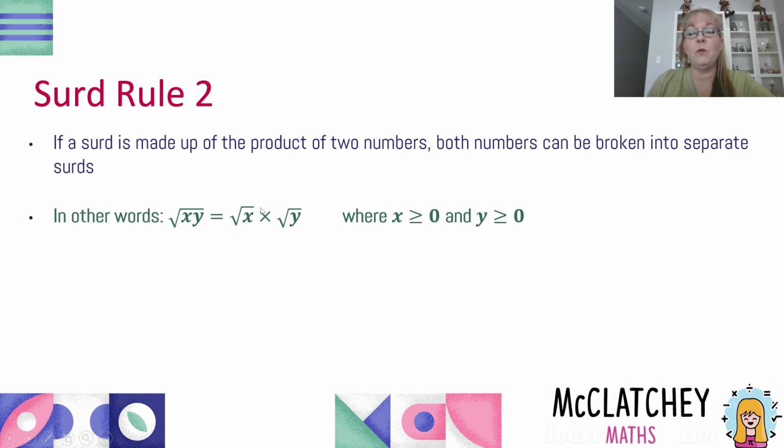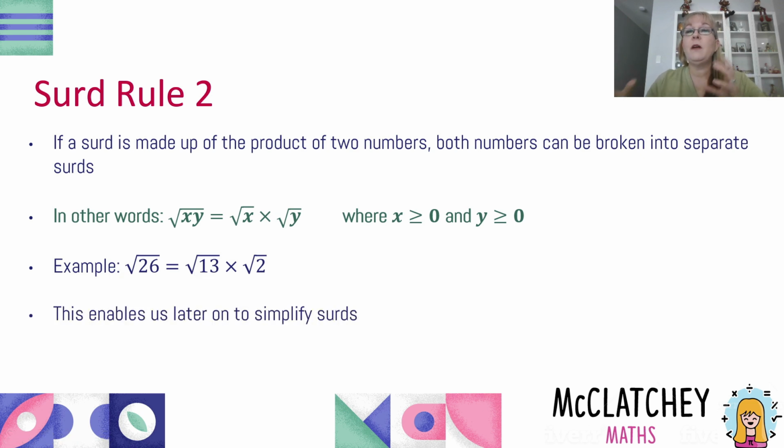And once again, this only works where x and y are greater than or equal to 0, because we don't do surds with negative numbers. So for example, if I've got the square root of 26, I could rewrite that because I know 26 is also made up of 13 times 2. So I could rewrite that as the square root of 13 times the square root of 2.